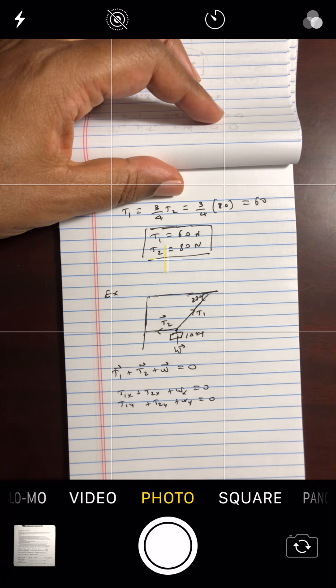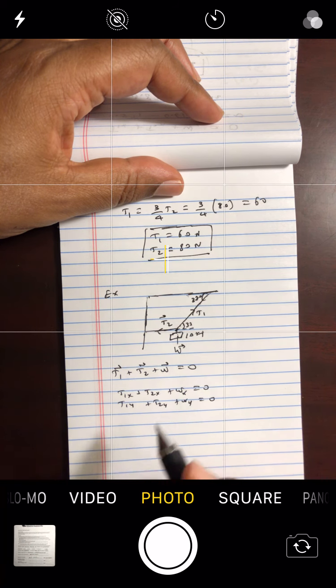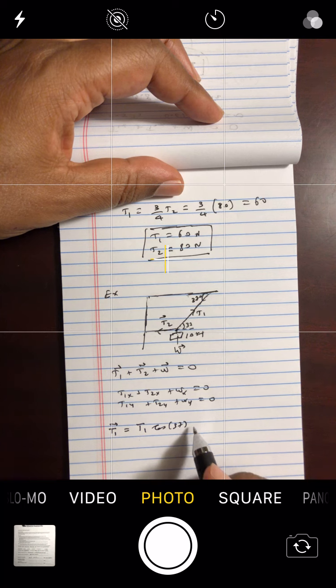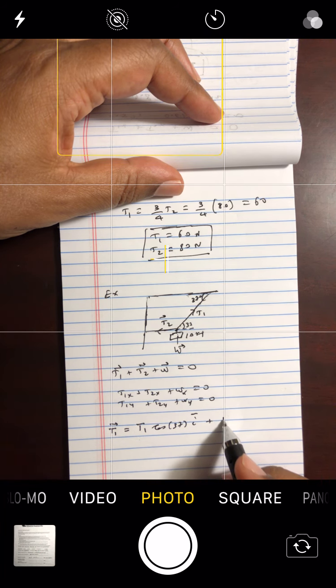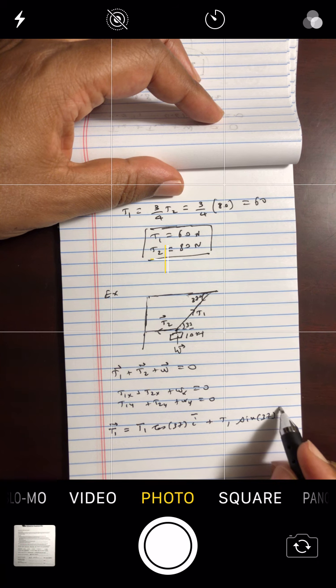Okay, so let's look at the tensions. So tension, the direction is 37. Okay, so you've got this tension T1 over here is the unknown tension T1 times cosine of 37 in the I direction plus T1 sine of 37 in the j direction.